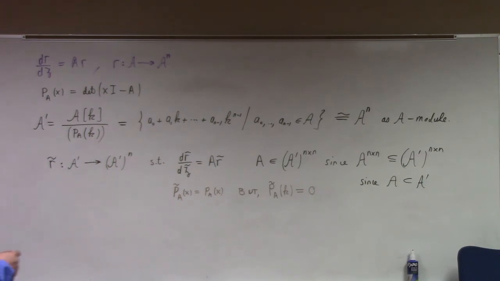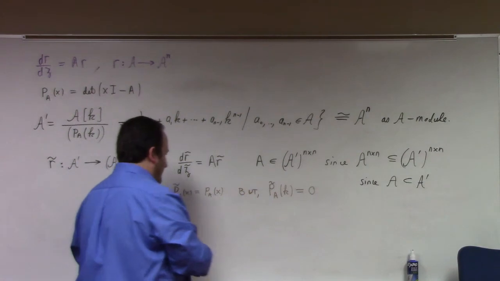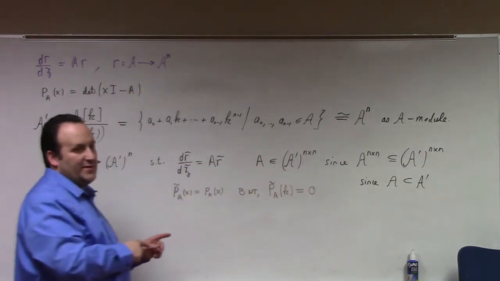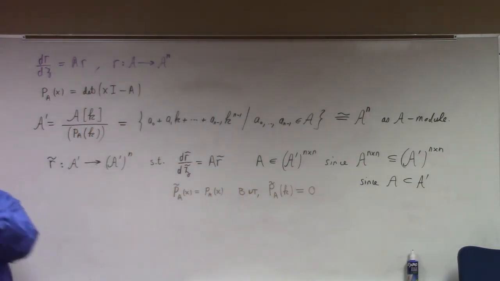So then, if the characteristic polynomial has a 0, does that mean that there exists an eigenvector? Oh yeah, there's a root to the characteristic polynomial.